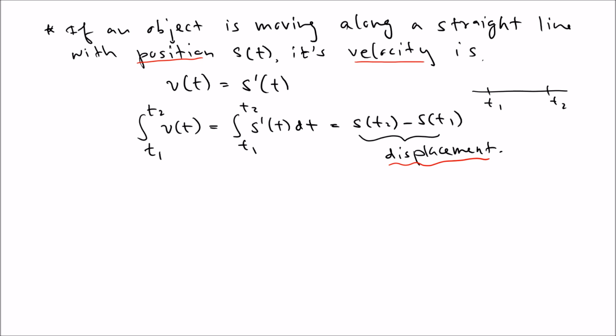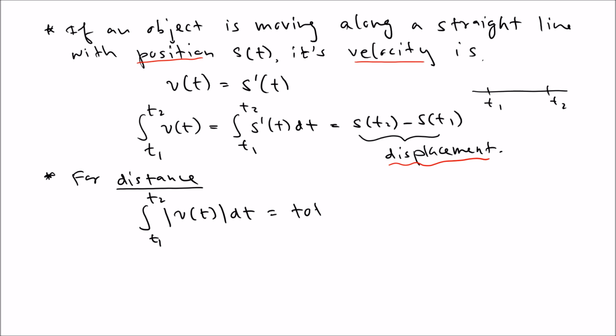So if you need the distance, let's say you want to find the distance traveled, what you're going to do is integrate the speed. That means you integrate the absolute value of the velocity function. If you do that, you end up getting the total distance traveled.